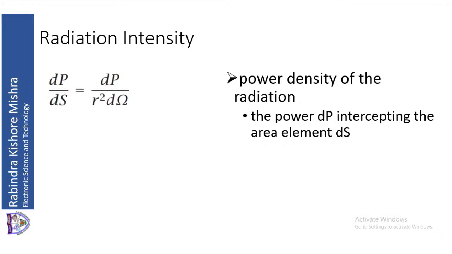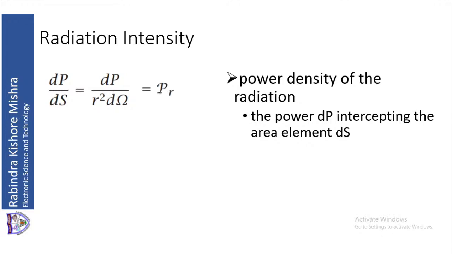So then dP by dS will be equal to dP over this elemental area. If that subtends a solid angle d omega at the center, on the antenna, then this dS is equal to r square d omega.